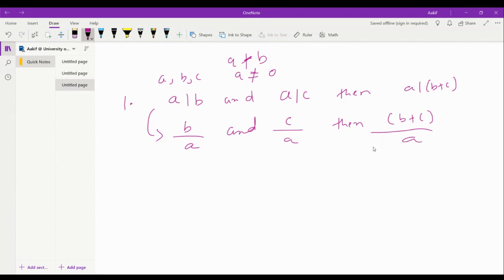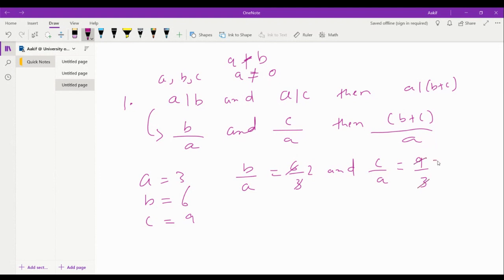Now let's think of an example where A is 3, B is 6, and C is 9. B by A in that case will be 6 by 3, which is divisible, so this will be 2. At the same time, C by A will be equal to 9 by 3, which is 3.